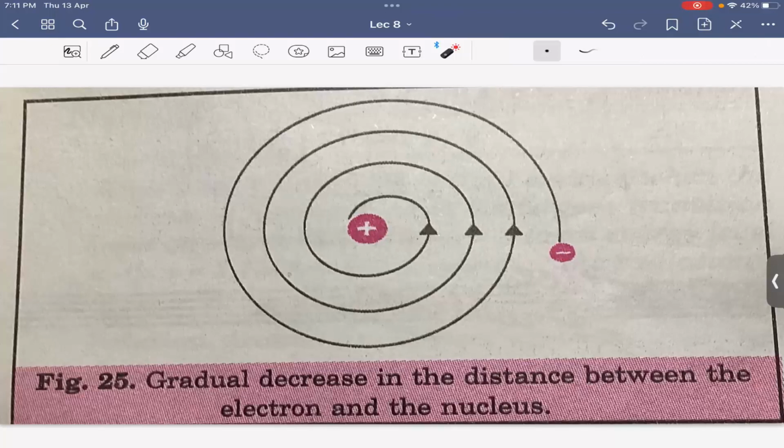So as per Clerk Maxwell, when this electron is under the influence of attractive force, it should radiate emission, and we know that energy is nothing but h nu, that is hc by lambda.